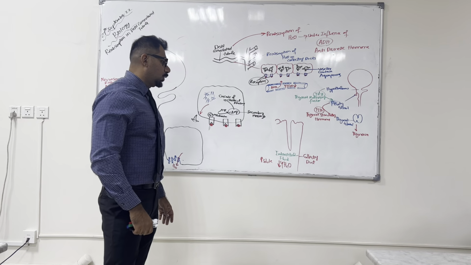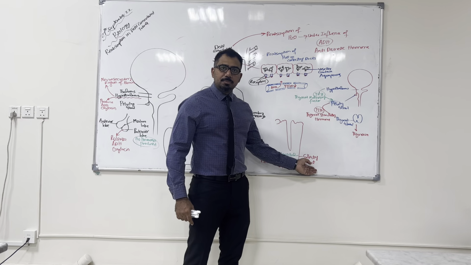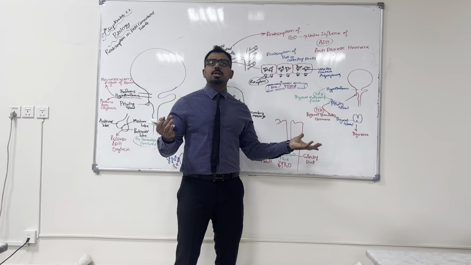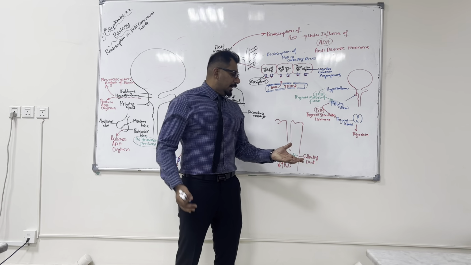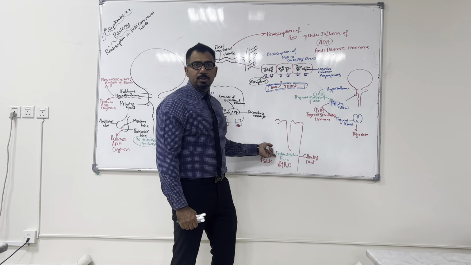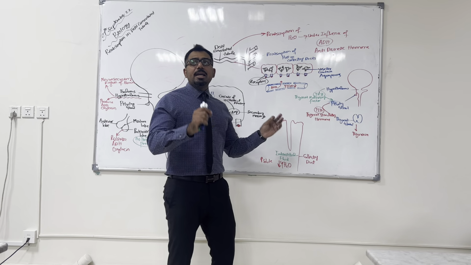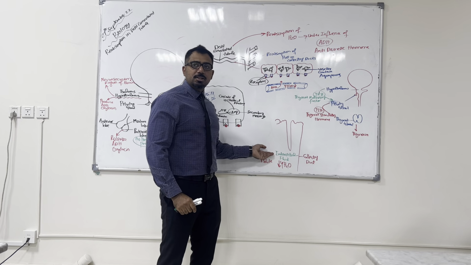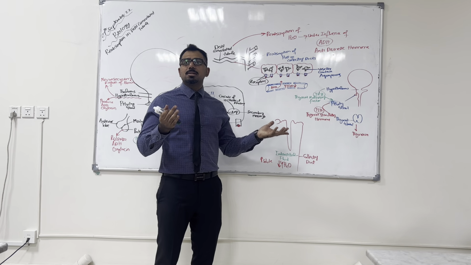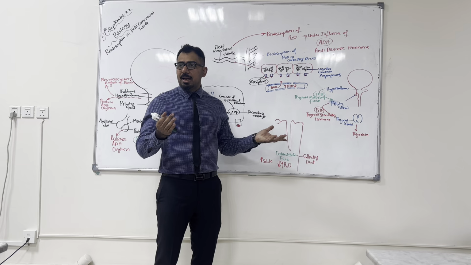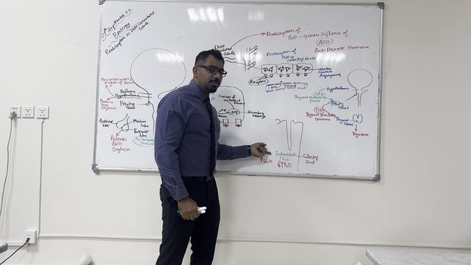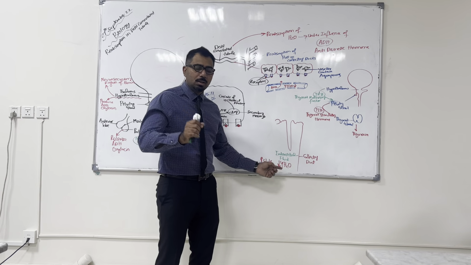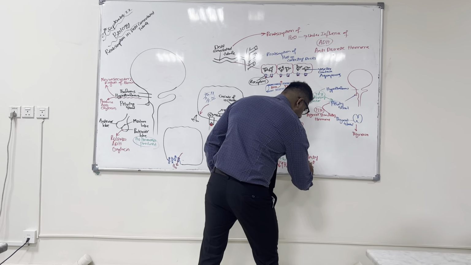Okay, let me tell again. Don't worry. The collecting duct came down over here. Around the collecting duct there is tissue, right? In the tissue there is interstitial fluid, right? If there is less water content in the body, the tissue fluid or the interstitial fluid will become what? Concentrated. Understand? As the interstitial fluid becomes concentrated, it means that in the interstitial fluid the water potential is low. But in the collecting duct, what is present?